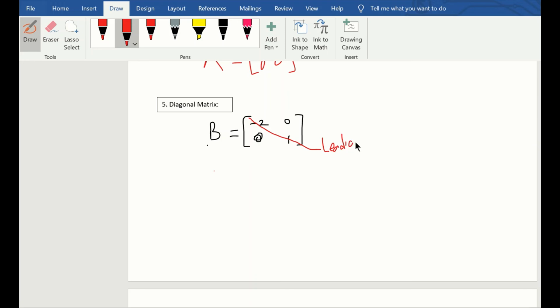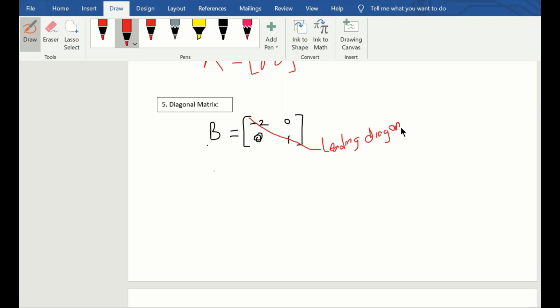Remember that a matrix is a rectangular array of numbers. So that is our leading diagonal. And we are saying that in a diagonal matrix, the elements or numbers in the leading diagonal are not 0. Very, very important. We have to note this.